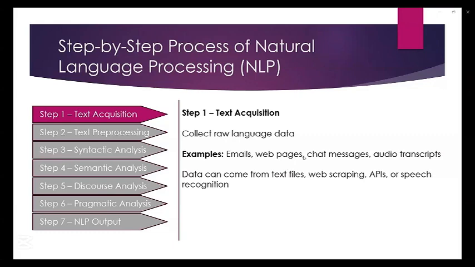We can get the input data from all these sources. So the first step is collecting data from the input source, right? When it comes to audio, usually we transcribe that to text at the primary level. So we transcribe into text, then we do the processing part, right?